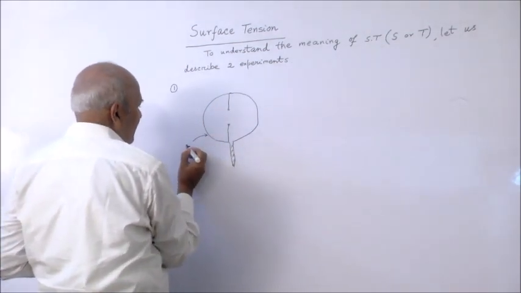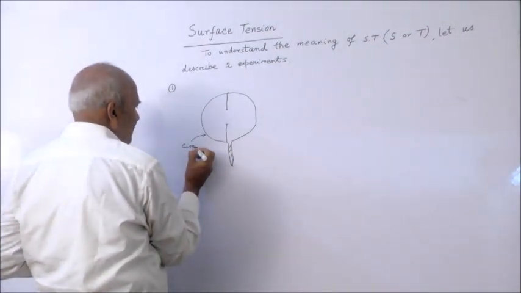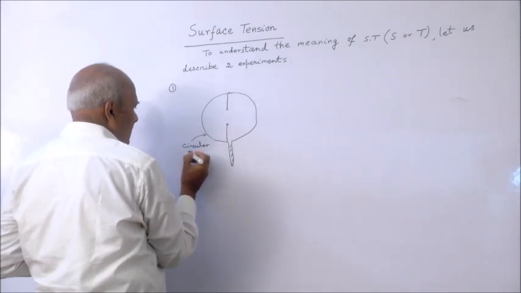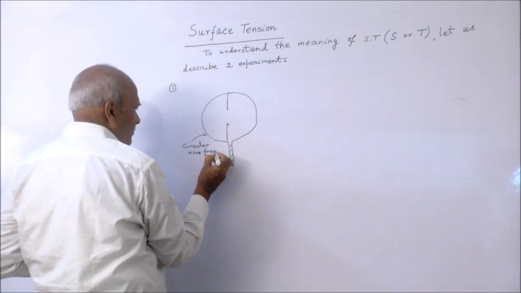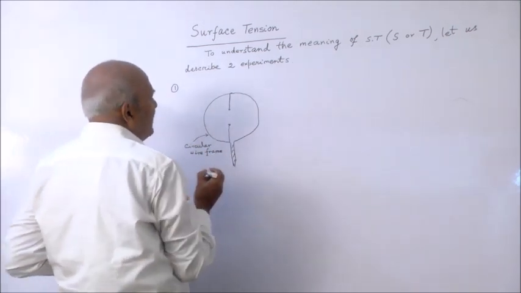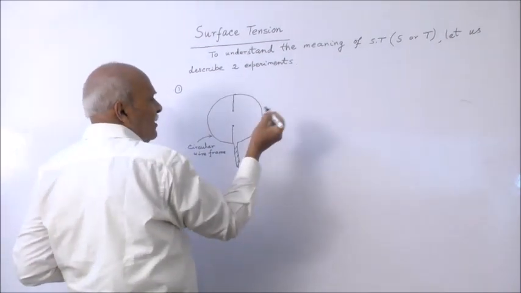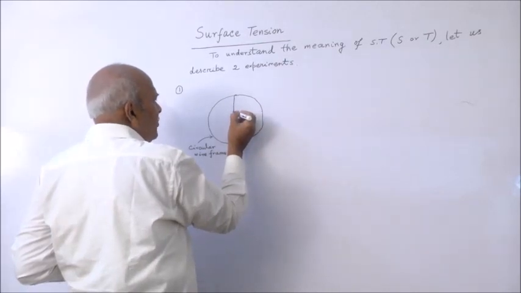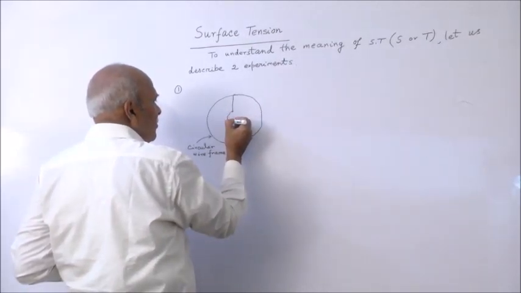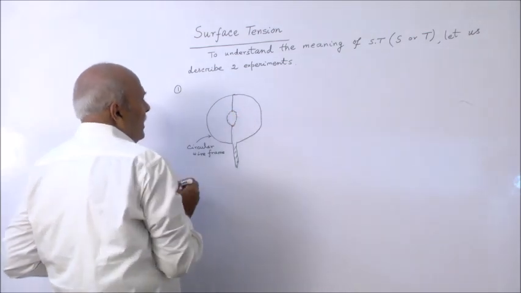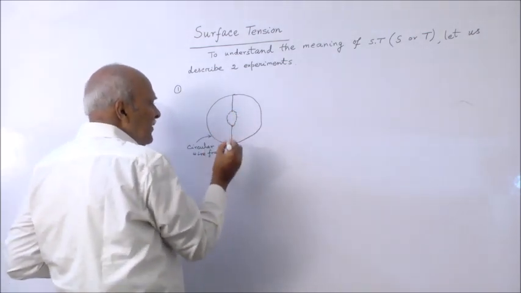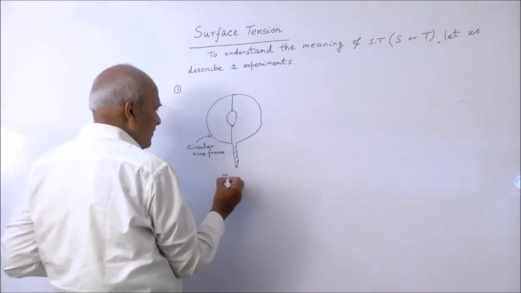So, it is a circular wire frame, and a string, an ordinary string, is introduced through this hole, and this is placed horizontally.